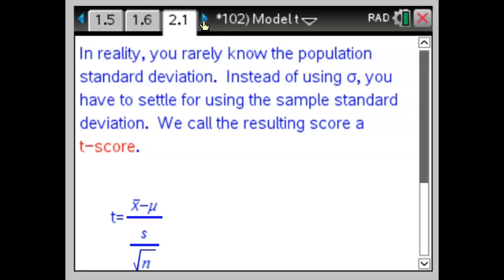Now, the problem is in real life, we don't usually know the population standard deviation. Back when we were talking about distributions of sample means, we were using a model, something that came from a normal distribution.